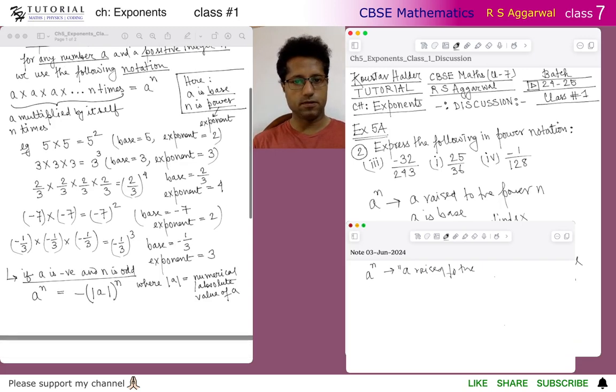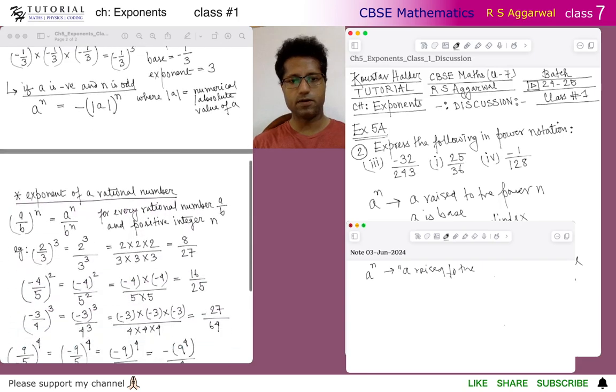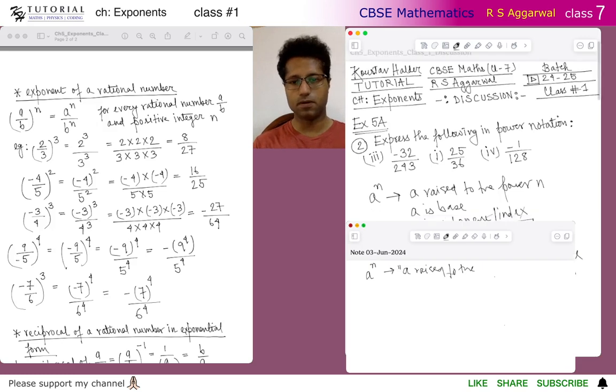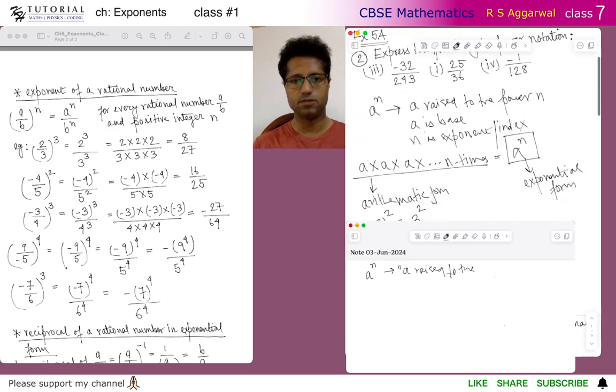Okay, what is there? Exponent of a rational number. If we have a rational number a by b and we multiply that n times, that is in exponential form, we say a by b raised to the power n equals a to the power n divided by b to the power n.